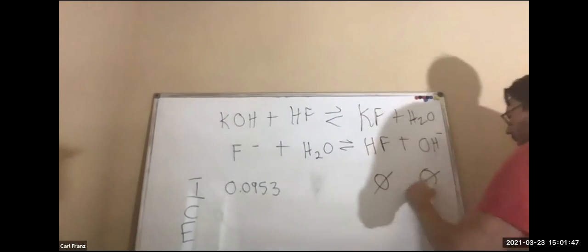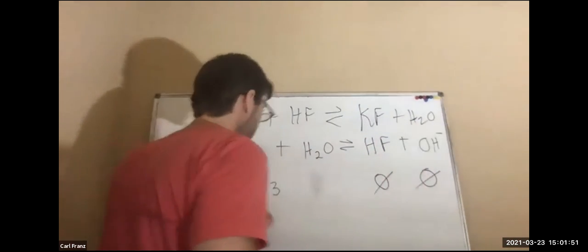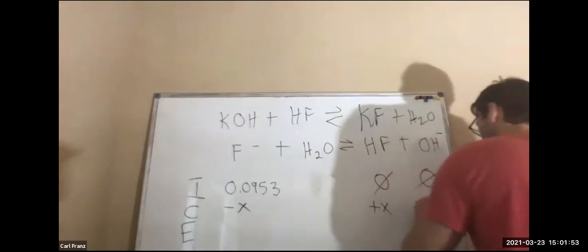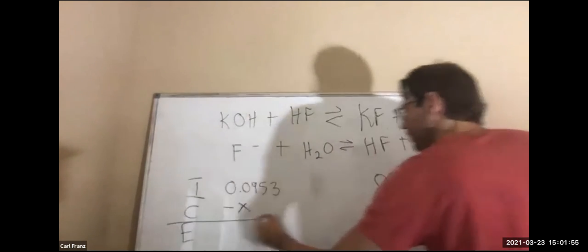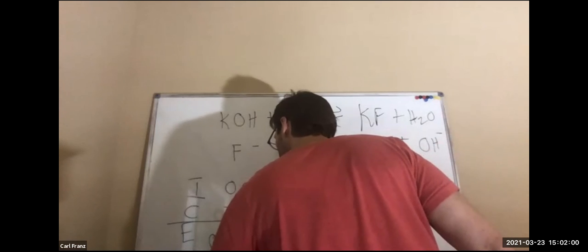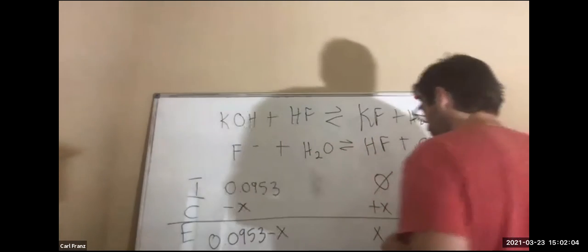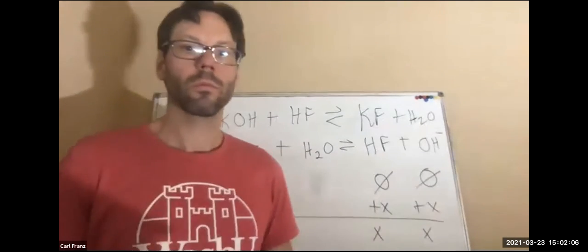Initial, minus x, plus x, plus x, and we get 0.0953 minus x, x, x. Okay.